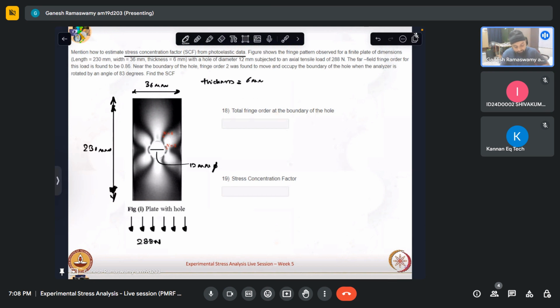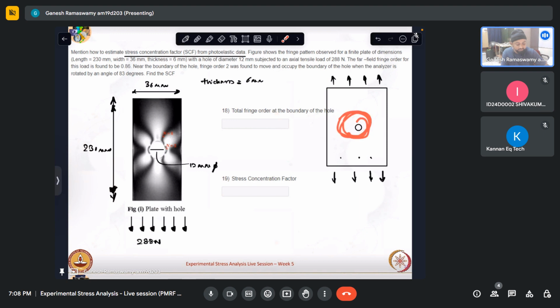Fine. The far field fringe order for the load is found to be 0.86. So what does that mean? Far field means that we have the plate like that, and then we have the hole here, and it is subjected to tension like that. So far field is sufficiently far away from this discontinuity, because if this discontinuity was not there, it is just a plate under uniform tension.